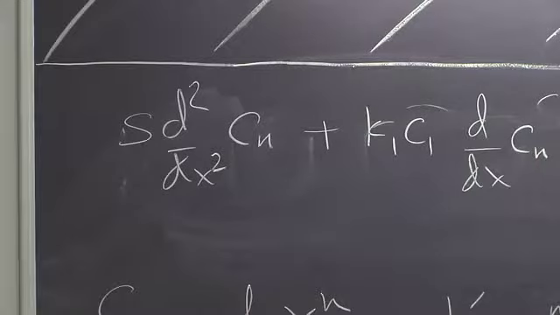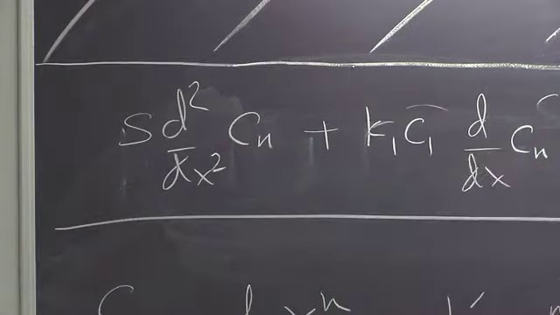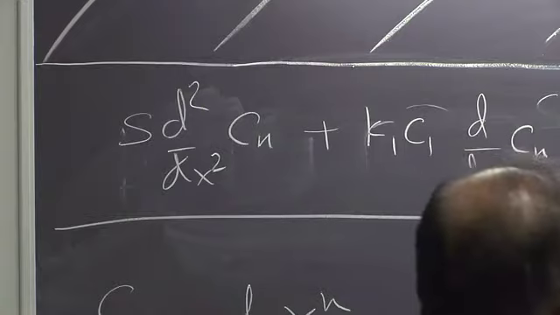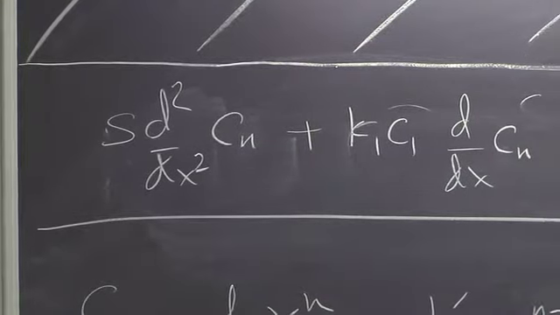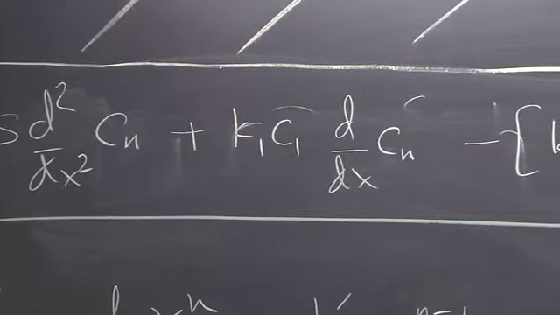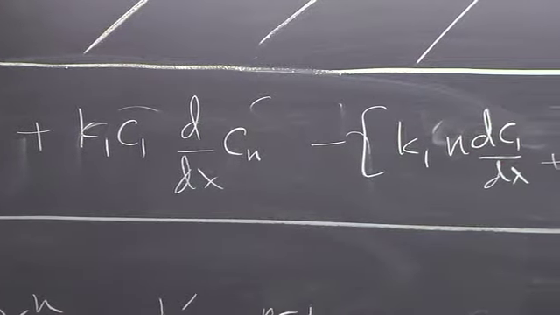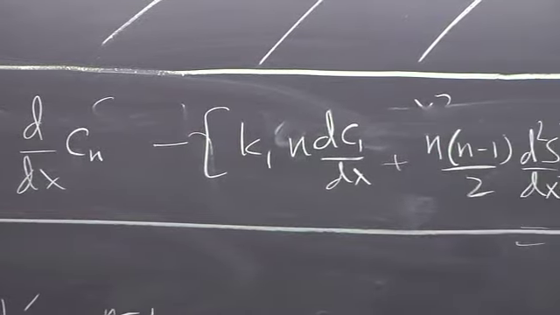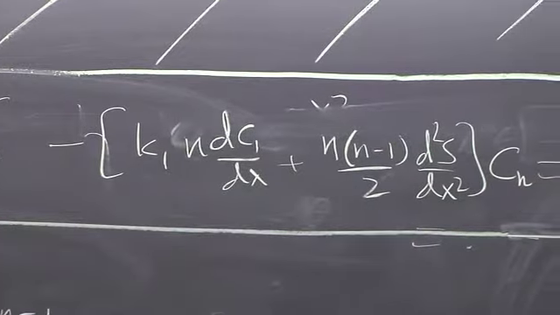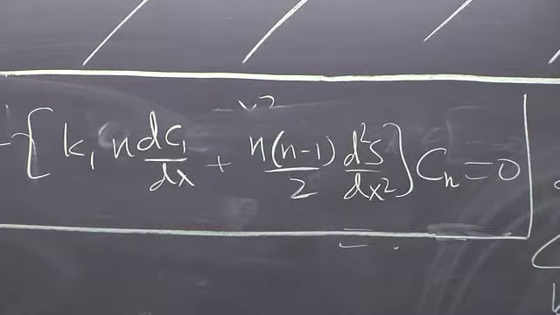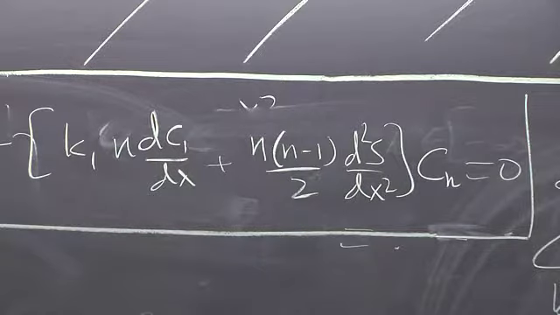That's the differential equation. Have I made a mistake in the sign? Lambda n is minus n k1. Correct.